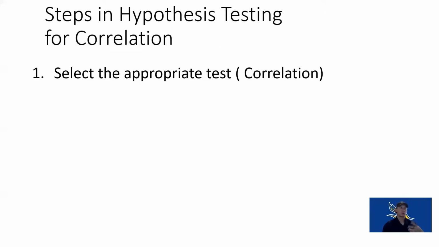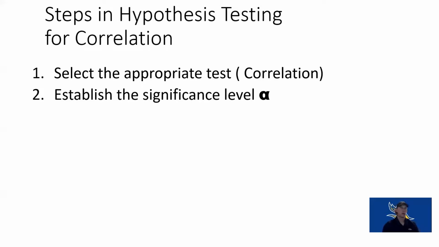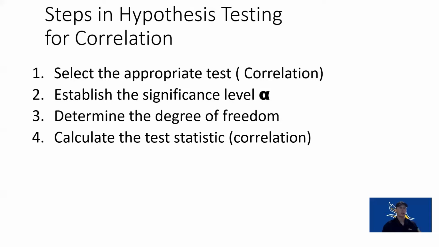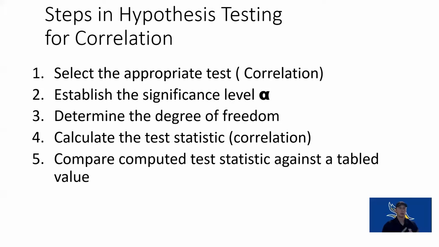We will first choose the appropriate test, the correlation, establish our significance level, determine our degrees of freedom, calculate our correlation statistic, and compare it to our tabled t value, or tabled r value. So it's a very similar situation with the t statistic compared to the r. We're using the same steps to determine if we have a significant statistic.